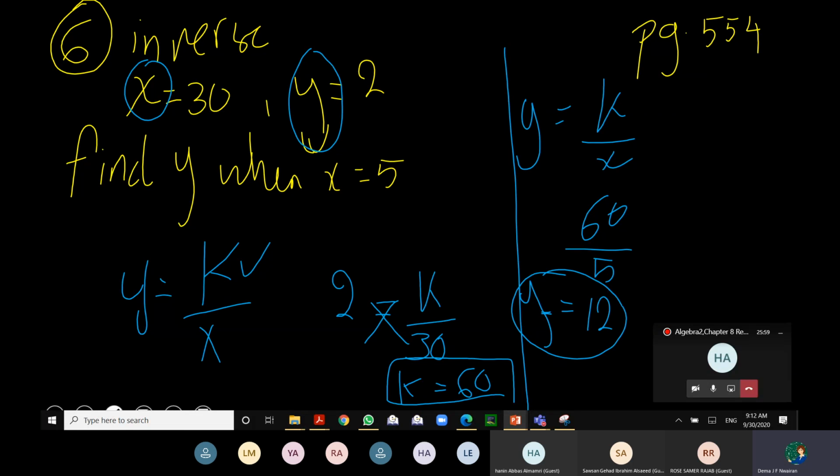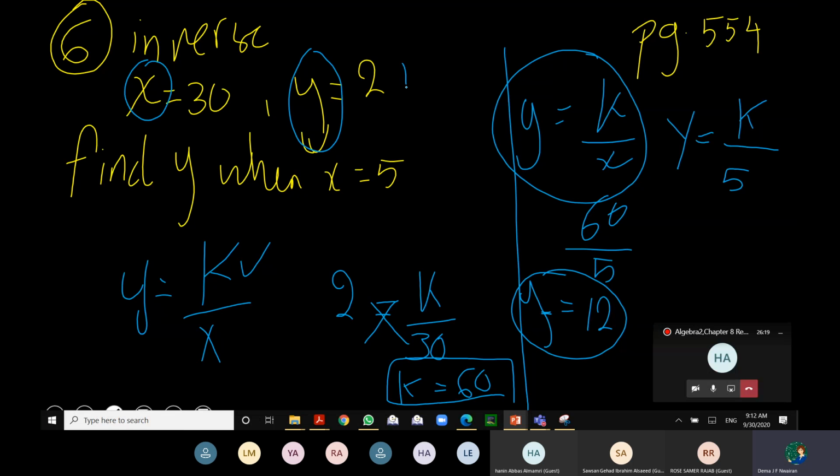Now here, I need to find y. I go to this function here. y is k over x. X is known, it's 5. And k is also unknown. How can I find y if k is unknown?